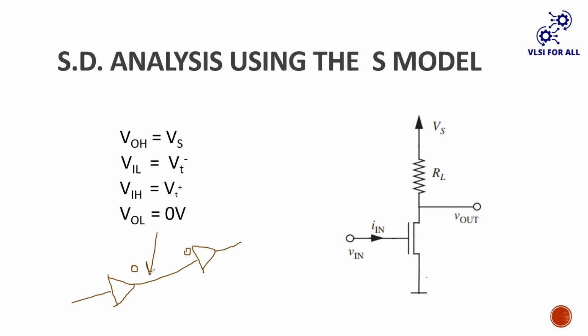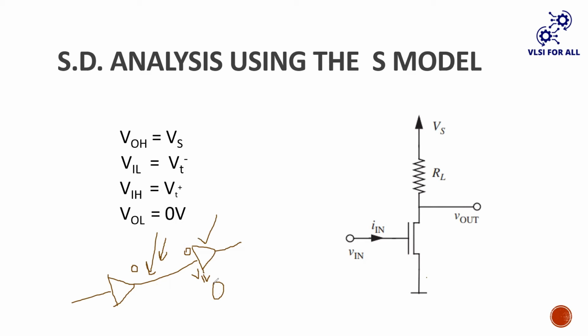But in between there will be noise. Whatever the value it receives, it must be less than VIL only. If it is less than VIL, then for this driven element, that is still logic 0 only. Whatever noise is included, it has no significance at all.